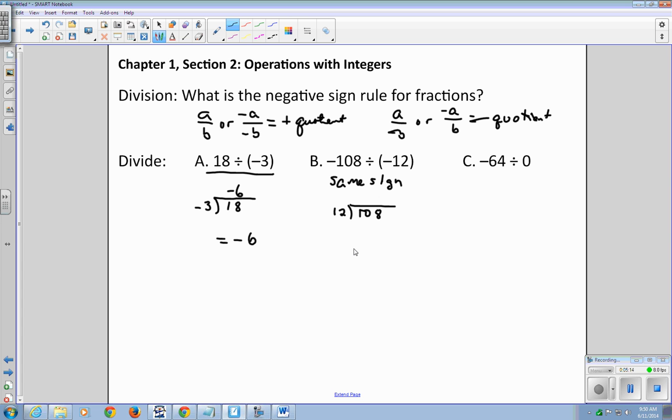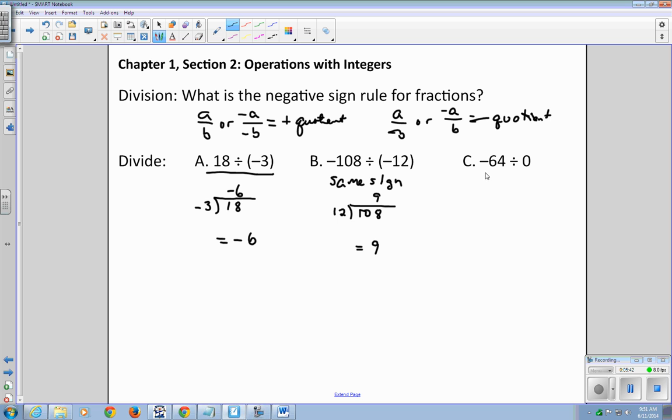Well, we know it's got to be more than 5. 5 times 12 is 60. But we know it has to be less than 10 because 12 times 10 would be 120. How much less than 120? Well, let's try 9 times. Let's see, 9 times 2 would give me 18. 1 times 9 plus 1 would be 10. So it's going to be 9. And so our result right here will be positive 9.